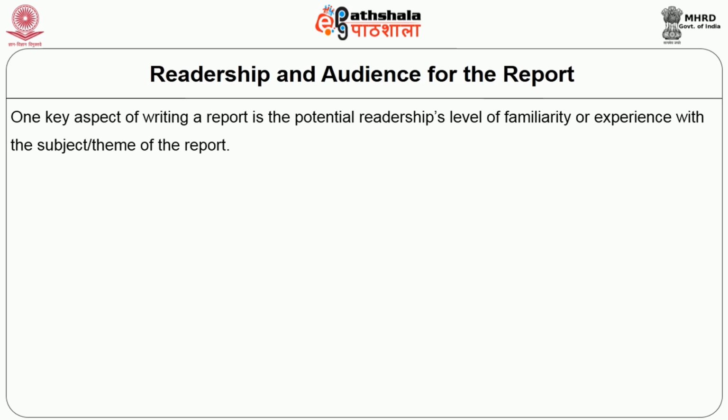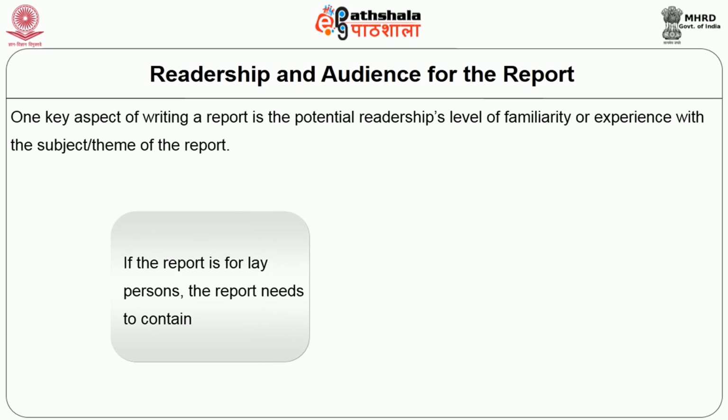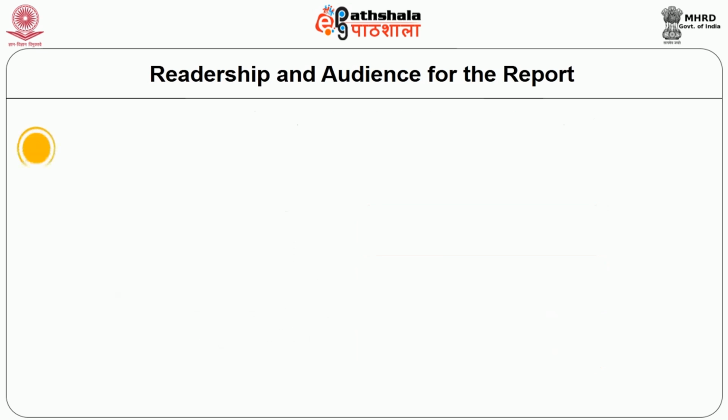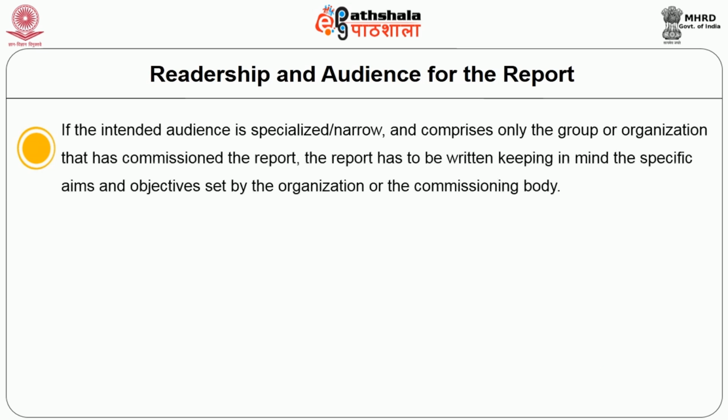One key aspect of writing a report is the potential readership's level of familiarity or experience with the subject or theme of the report. If the report is for laypersons, the report needs to contain additional background information, a glossary of terms and theoretical explanation of the theme or subject. If the intended audience is specialized or narrow and comprises only the group or organization that has commissioned the report, it has to be written keeping in mind the specific aims and objectives set by the organization or the commissioning body.